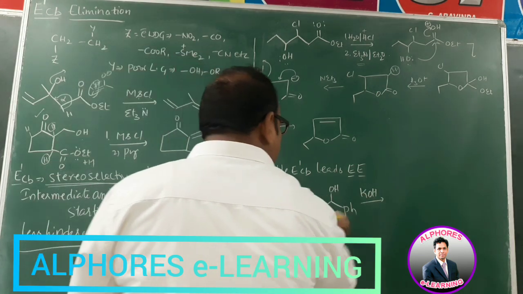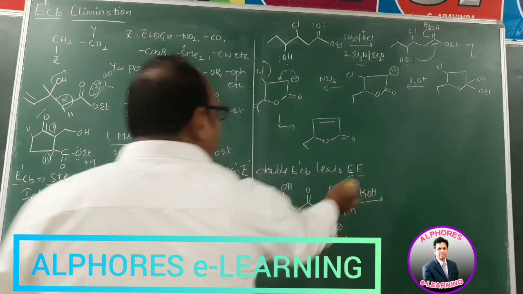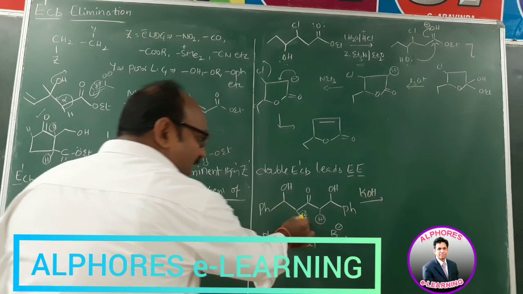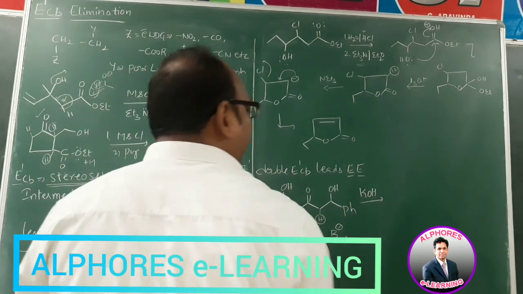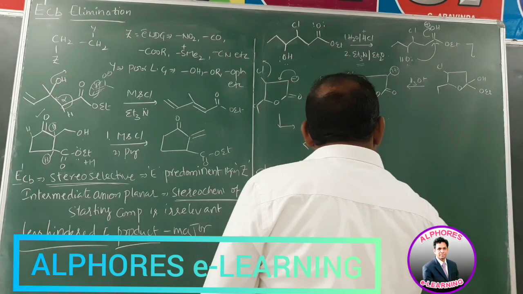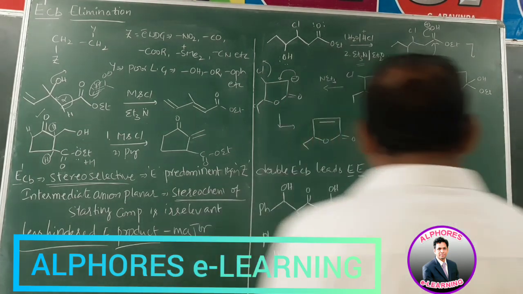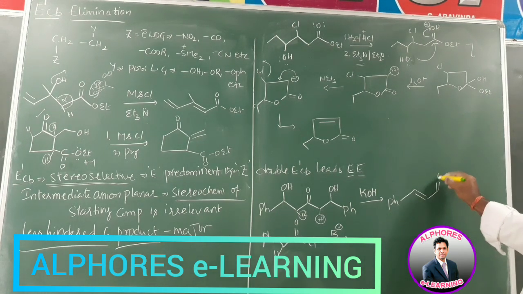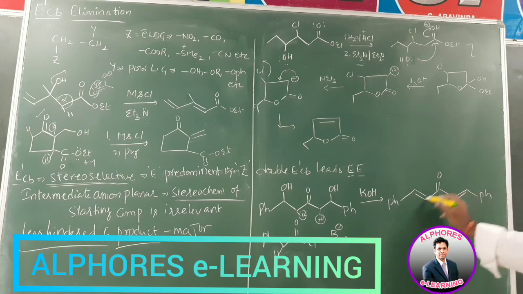When the base abstracts this hydrogen, the corresponding OH will leave, and when the base abstracts the other hydrogen, that OH will leave, and the resultant product we get here is Ph, double bond formation, then C double bond O, here a double bond and then Ph. Now this phenyl group double bond and this double bond O are in extended conjugation, and like this also extended conjugation. But these two are not in extended conjugation, and this is what we call cross conjugation.